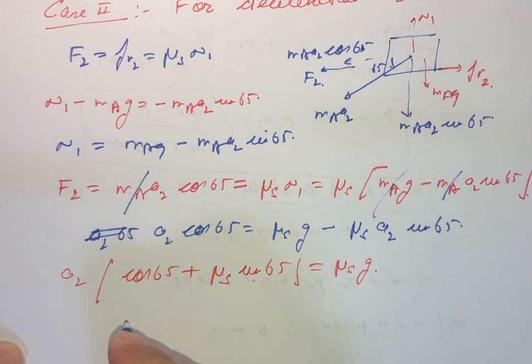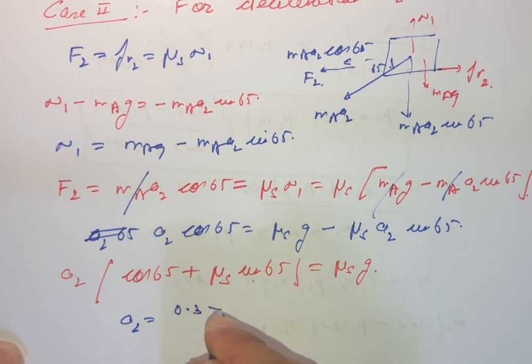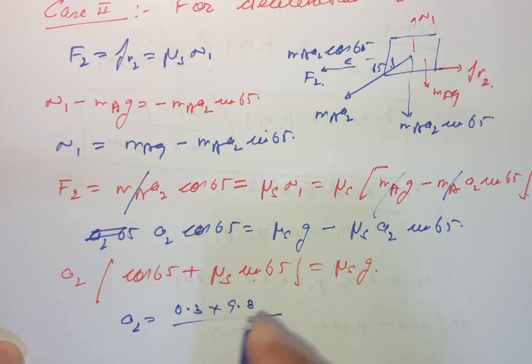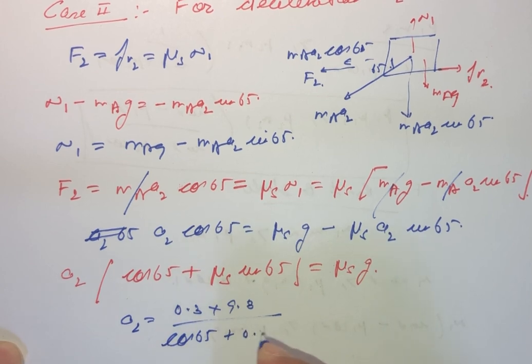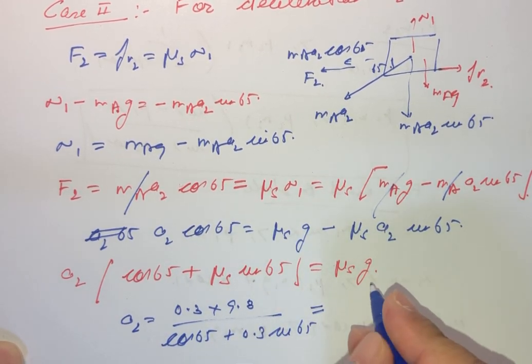So we have A2 equal to mu s, which is 0.3, times 9.8 divided by cos of 65 plus 0.3 sine of 65.